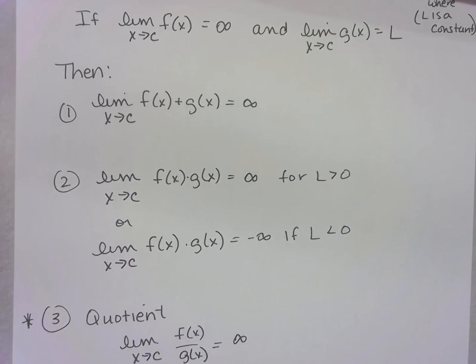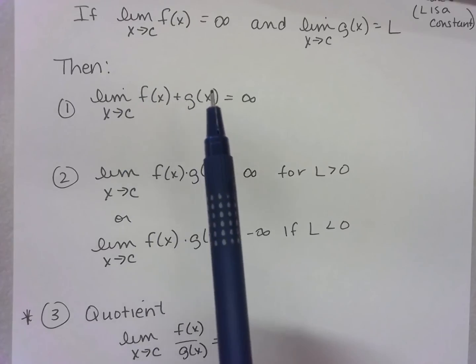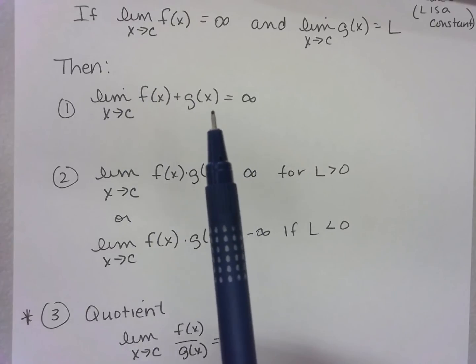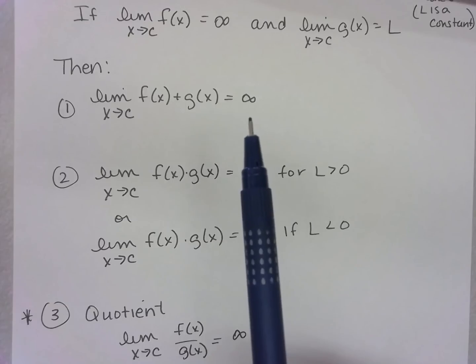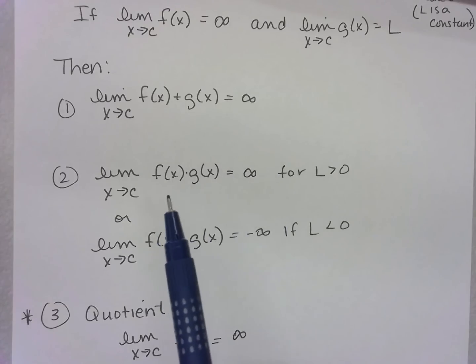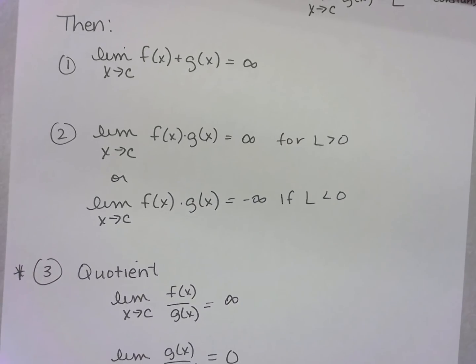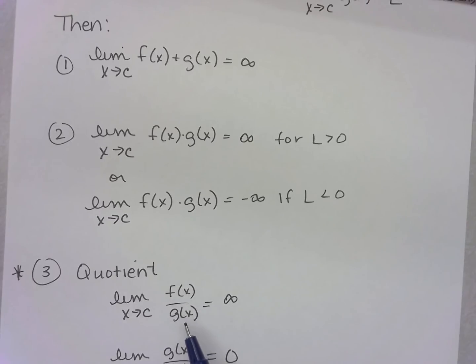It's just the rules of multiplying negative numbers together that give us that. Now I think that those make sense. If I take infinity and add or subtract a little bit from it, I still get infinity. It's really this giant thing that I'm not changing very much. And if I multiply a constant times infinity, I still get a really giant thing, whether positive or negative, based upon the sign of L. The last thing: if I divide f by g, remember f is the thing whose limit was infinity and g was a constant.